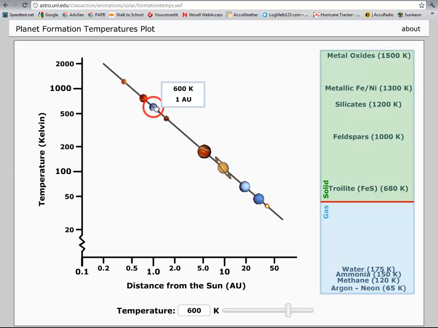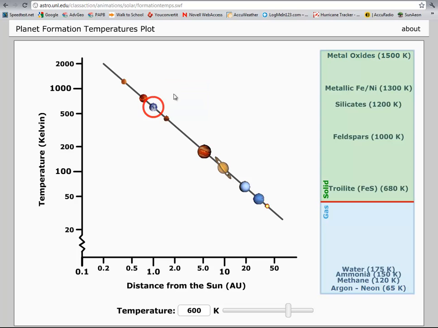If you take a look at that in terms of temperature, that would be minus 273, 327, something like that.